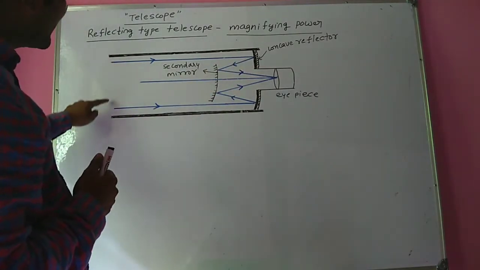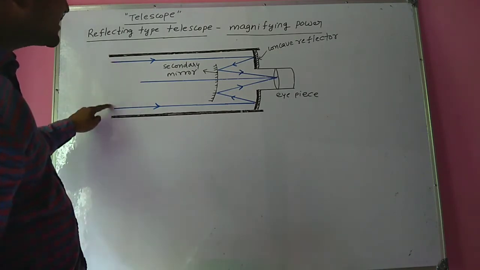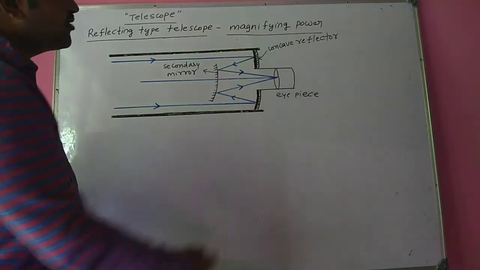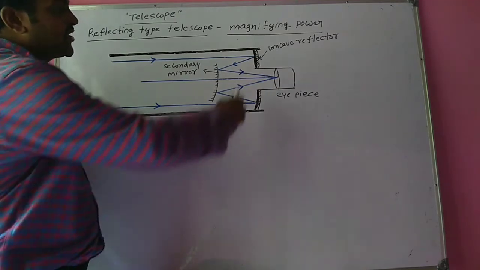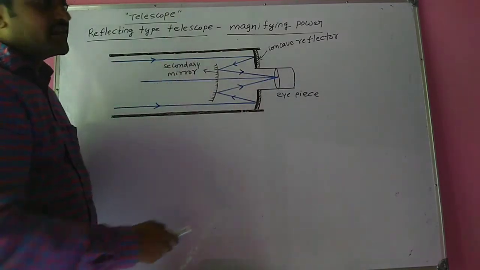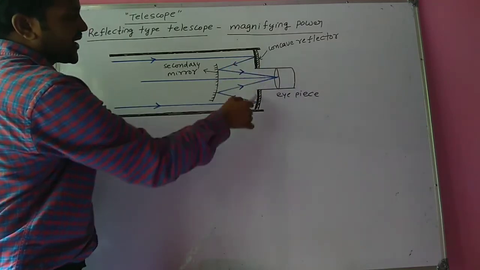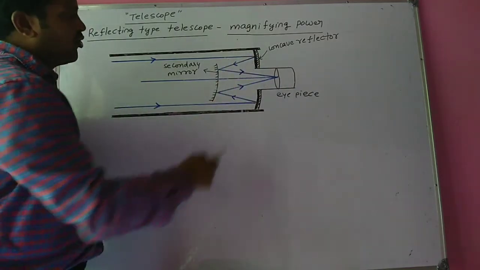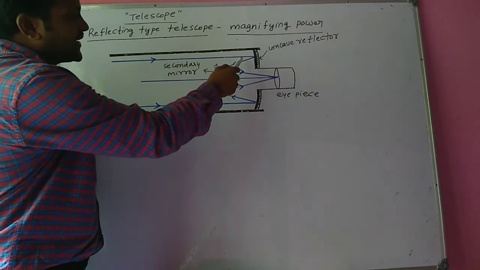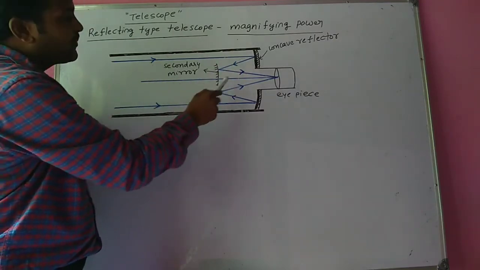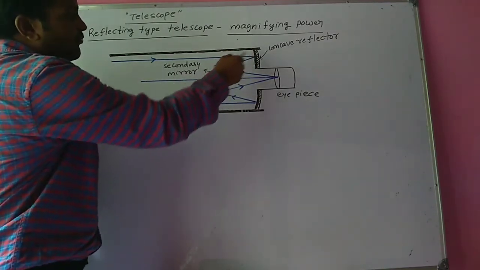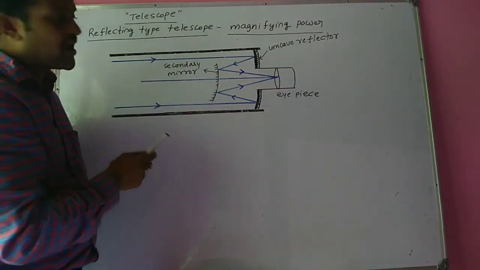When these rays are incident on this concave mirror, they undergo reflection. After reflection, they try to focus at the principal focus.